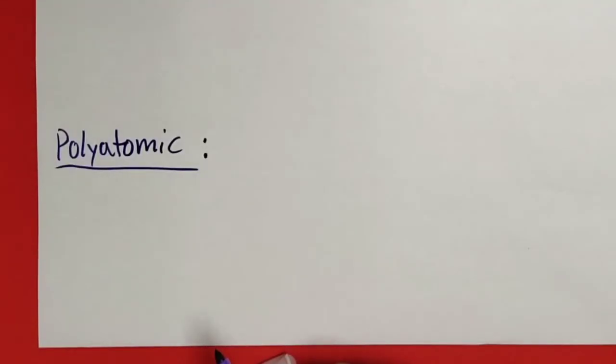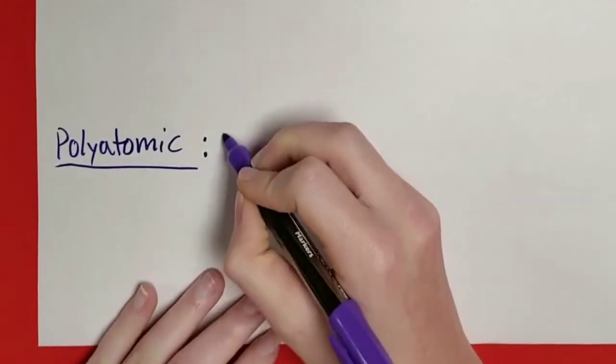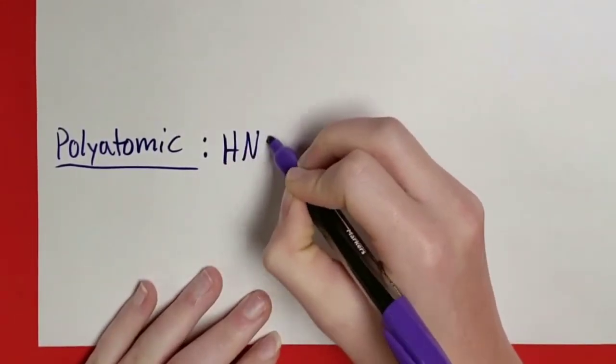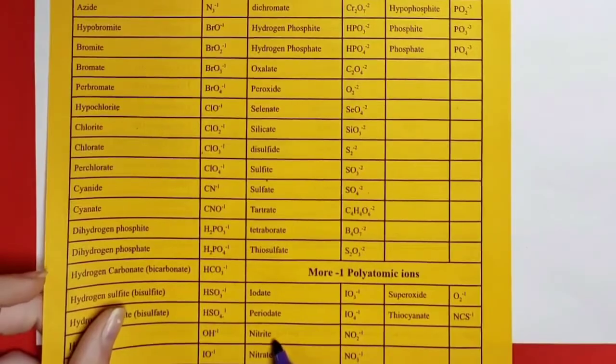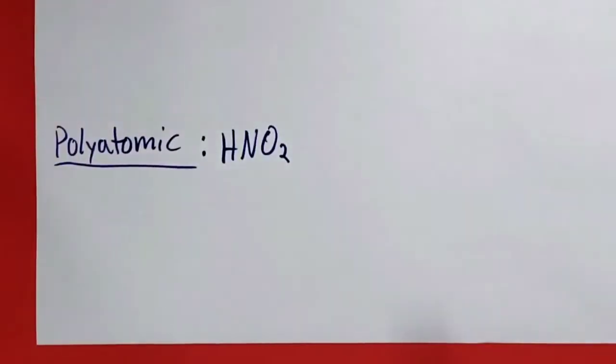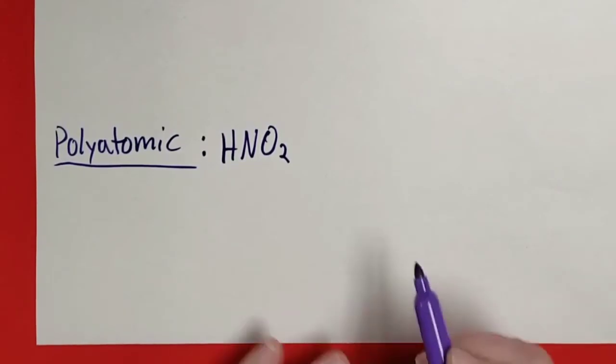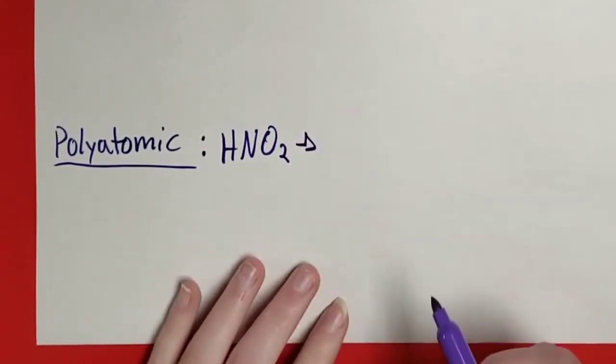We have a polyatomic acid. This polyatomic acid is HNO2. The polyatomic ion in this formula is nitrite. To name this, we won't need to write any hydro or type of hydrogen prefix or word down because of the polyatomic ion.